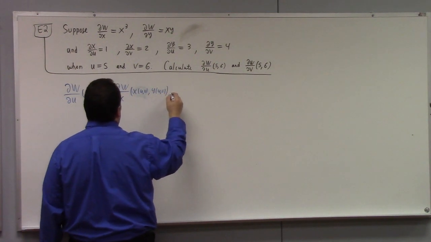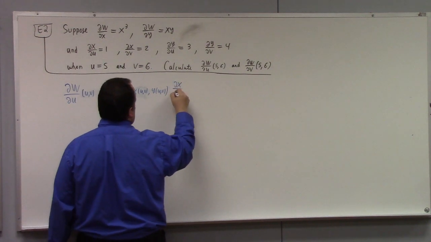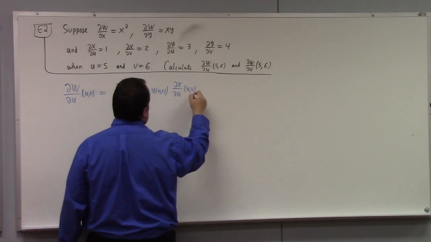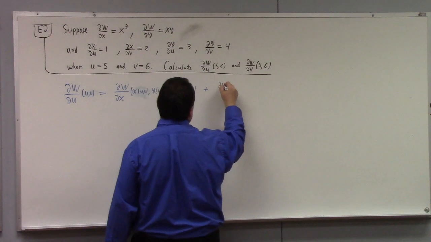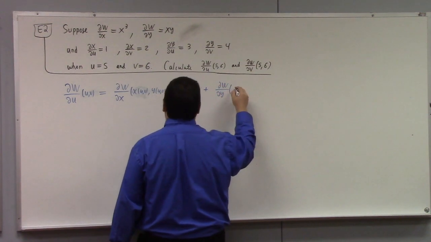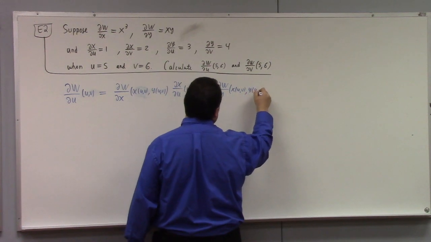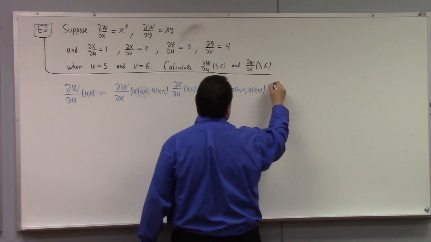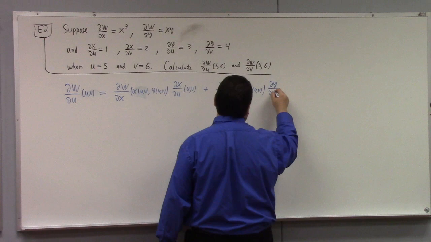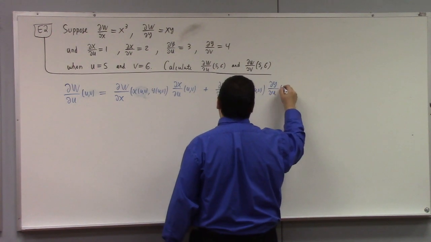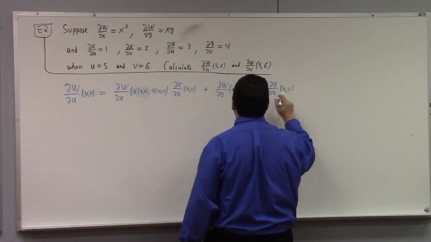Oh my goodness, this is going to be horrible. Partial x, partial u of u comma v plus partial w, partial y, which is technically speaking a function of x of uv, comma y of uv, partial y, partial u rather, which is a function of uv.